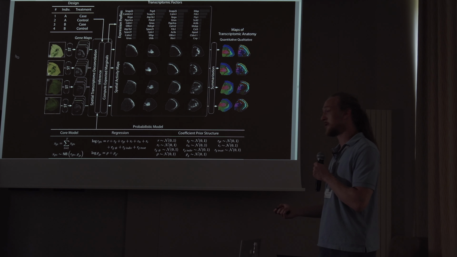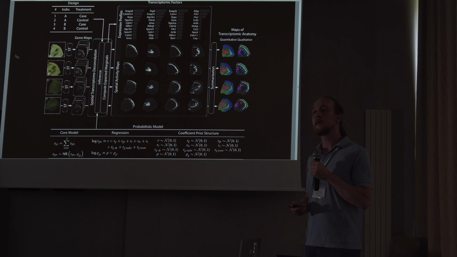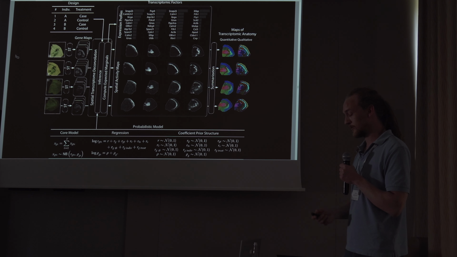But in addition to that, and crucially, the user can specify coefficients that are indexed by what is specified in the design. For example, here's a coefficient indexed by the gene and the section, or here's one for the gene and the individual, or gene and treatment. In this way, we can allow the model enough variability so that it can fit and ultimately correct for present batch effects.